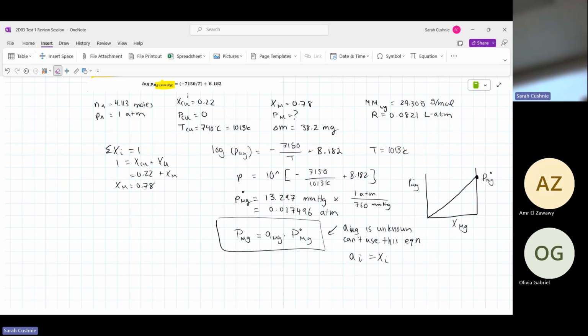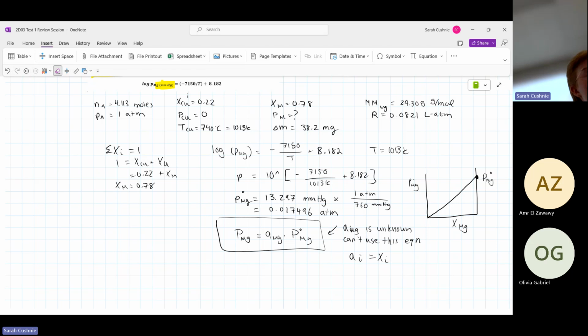The gas itself can be ideal, it can follow PV equals nRT. But actually getting to that gas, evaporating out of our molten alloy, and that process of forming the mixture, forming the solution, won't necessarily be ideal. Does that distinction make sense?